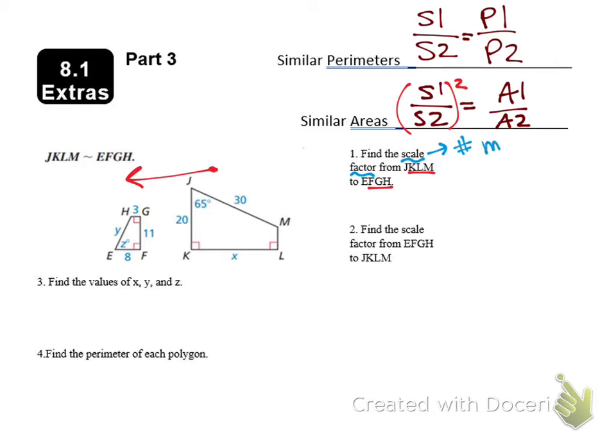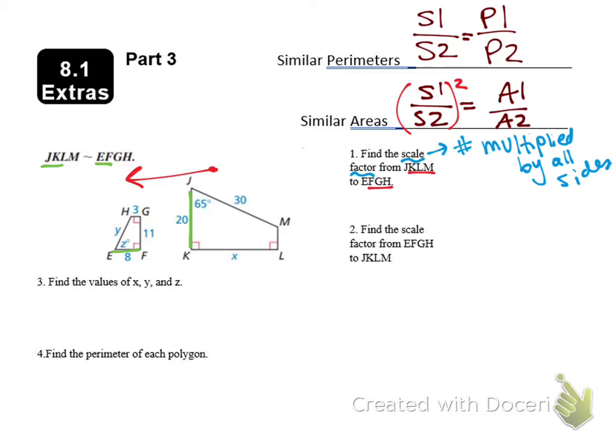The number that's multiplied by all the sides. Make sure you know that for the quiz. So you want to pick 2 corresponding side lengths. Let's do 30 and 30. Oh, that's not right. HG corresponds with LM. Can we do 20 and 8? We sure can. EF corresponds with JK.